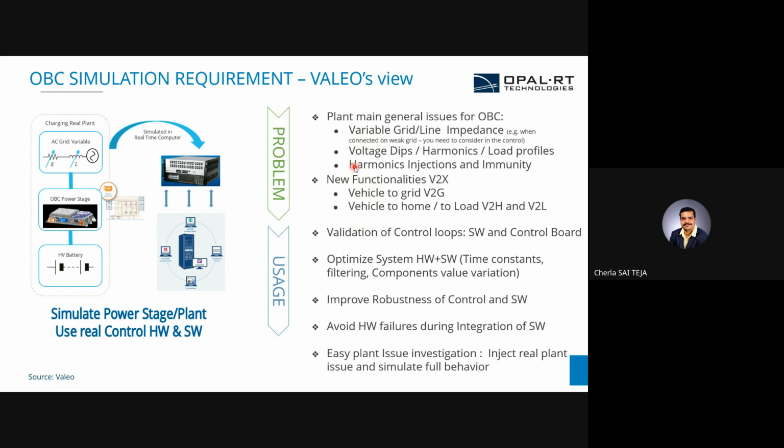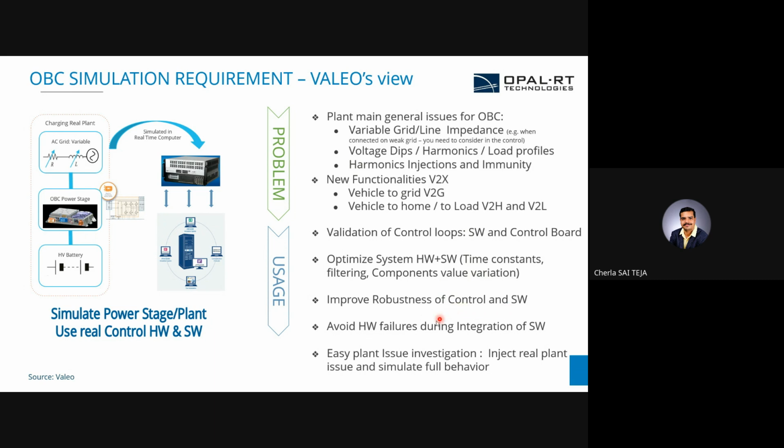In this way, we can make switches open and close whenever we want by changing the resistance of the switch. And along with this, we can have different values for the load resistance during the functionality of the converter. So in that way, we can start changing the values on the fly and verify the robustness of the control and the software.